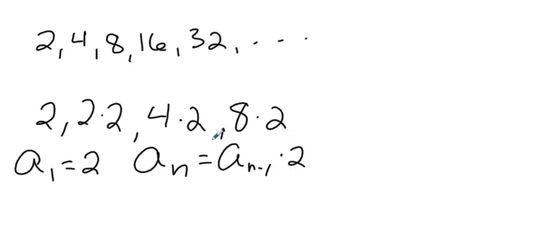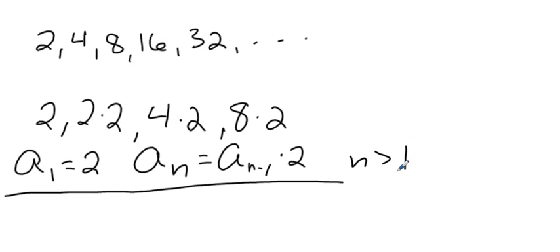We could put parentheses around this to clear up some of the clutter, if that would help. So this is our recursive function. Again, the second part is only when n is greater than 1, because we already have a sub 1.